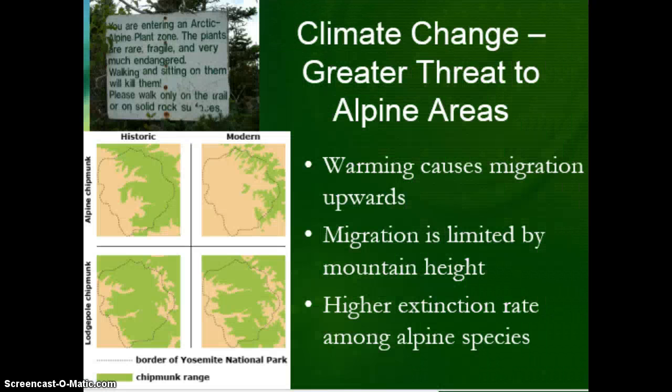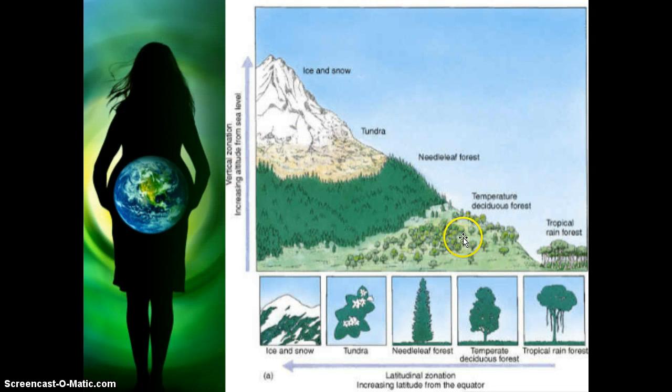Now, one of the things that we're looking at with climate change is that these alpine areas, which follow that similar pattern, are actually even more in danger of changes. As we start to see climate change, this pattern starts to recede up the mountain a little bit, and we get more and more of these bottom biomes and less of the top ones.